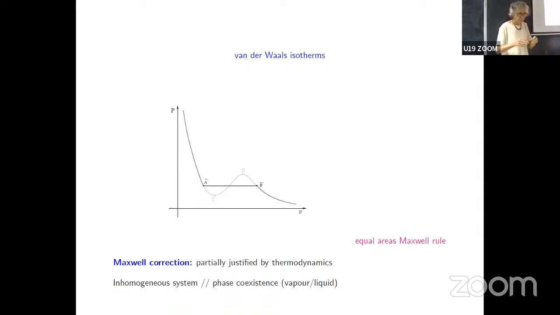This material substance is not homogeneous, and this pressure is constant. And then you ask, but where is this line? And he said, well, the correct place to put it is at the point where the two areas below and above this line are equal. This has an argument which is partially justified by thermodynamics.